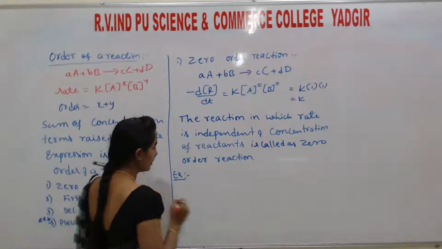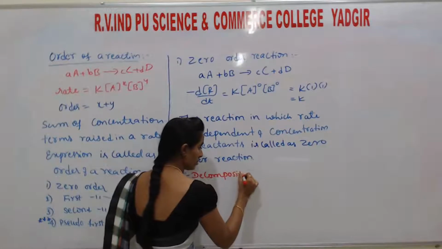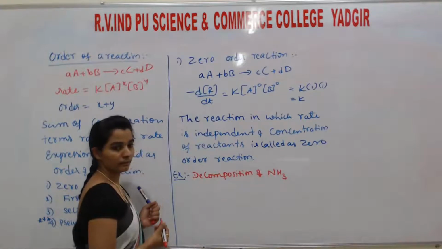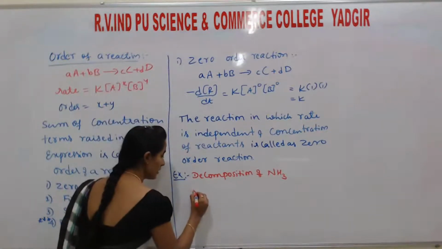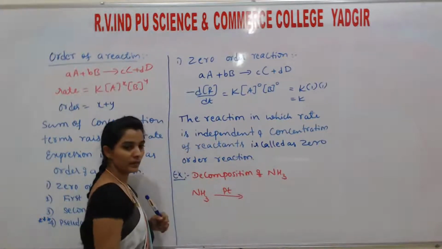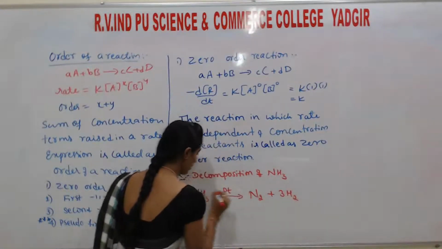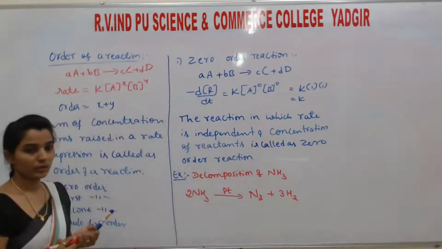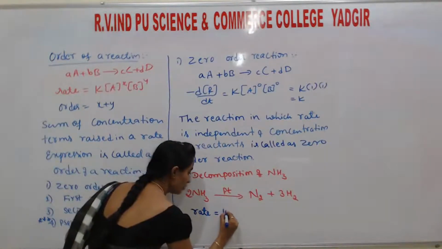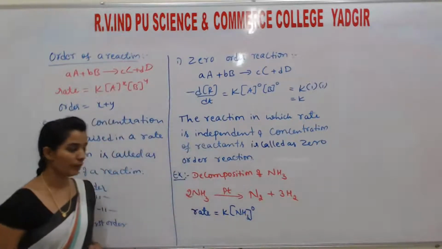Okay. So students, the example for this is the decomposition of NH3. How? So listen, NH3 is decomposed in presence of platinum to give N2 plus 3H2. If you write the rate expression here, rate is equal to k into concentration of NH3 to the power 0.